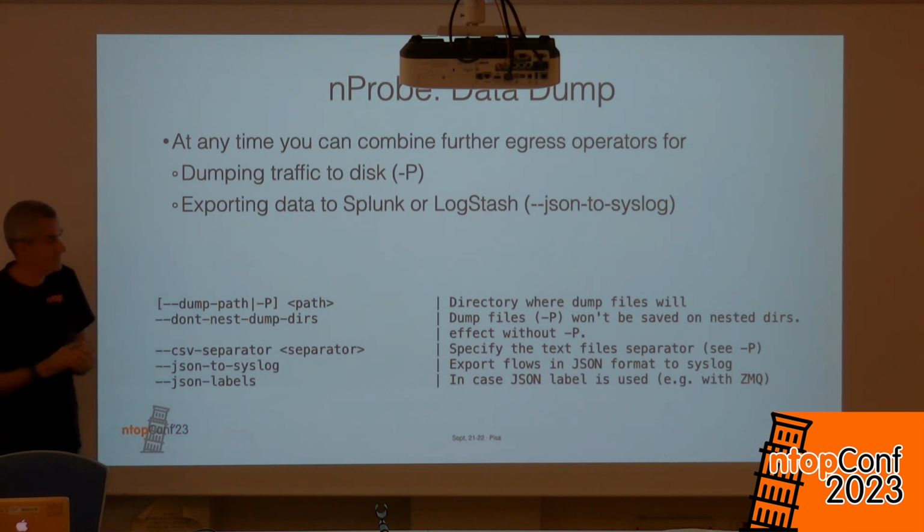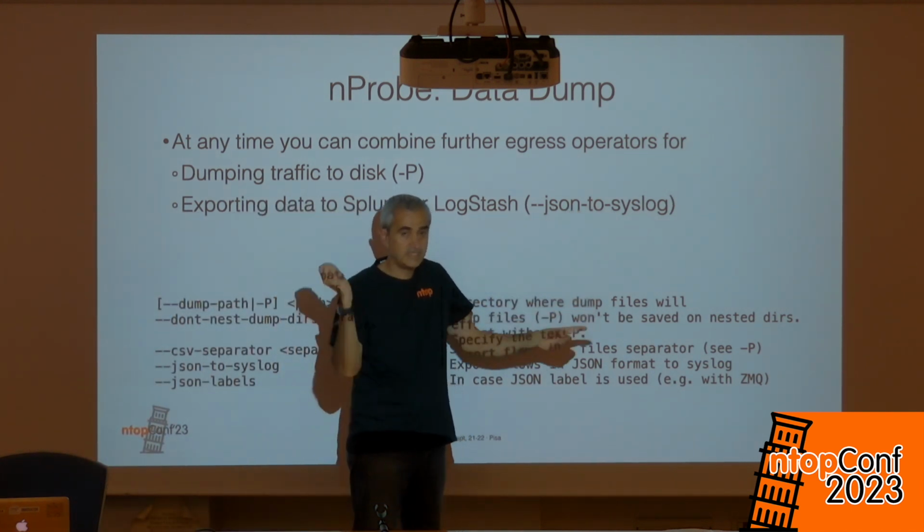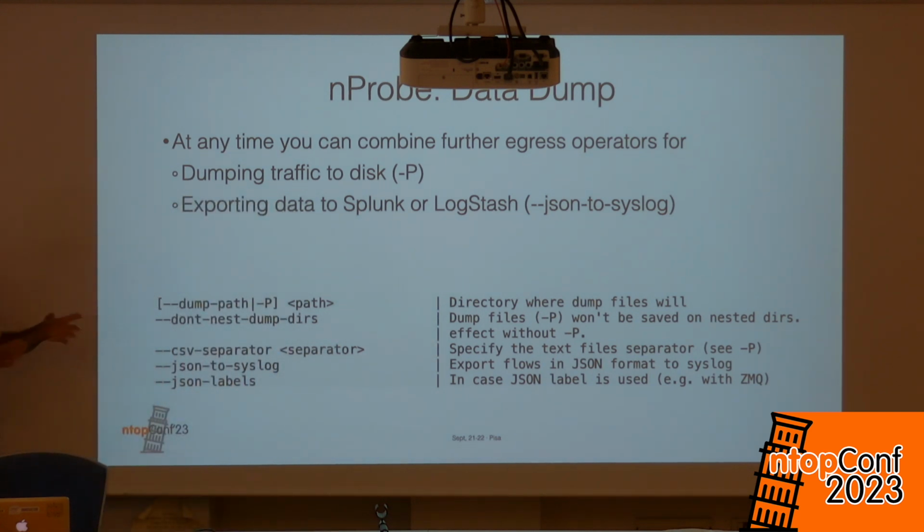It's a versatile ingestion. So they take this data from syslog and send it to Elastic using this tool. So JSON and syslog are a way to make happy several tools that otherwise would have problems handling those flows.